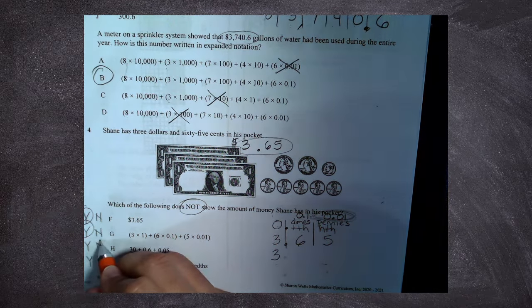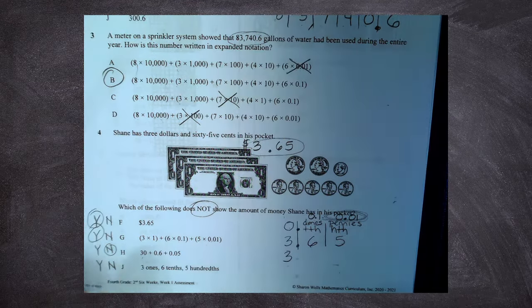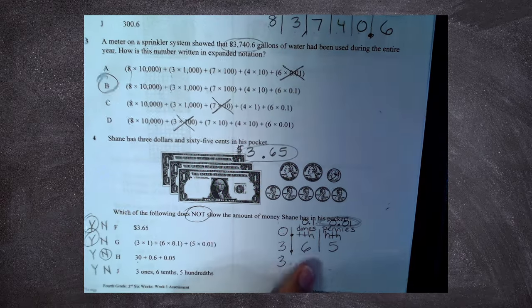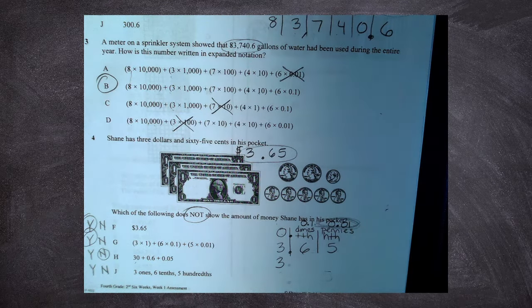It's 10 times more. So a lot more, right? Yeah. So that one's a no. Not because of the 6, not because of the 5, but because of the 3. They put that in a completely different place value, which makes it a completely different number.